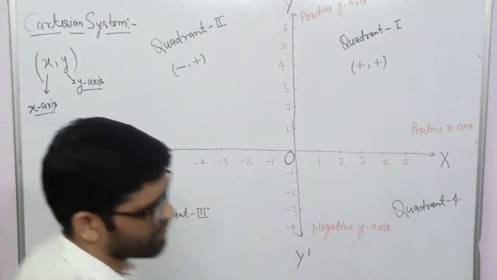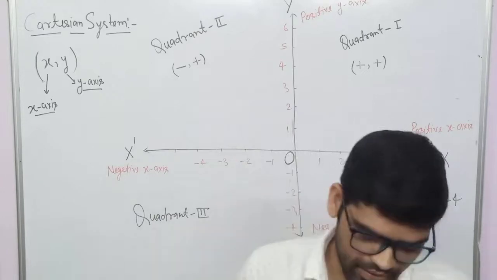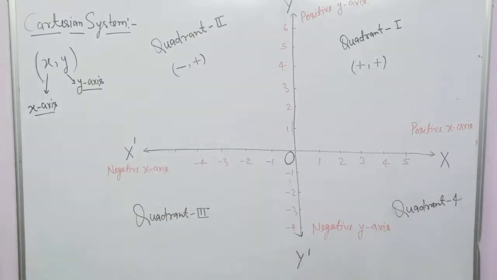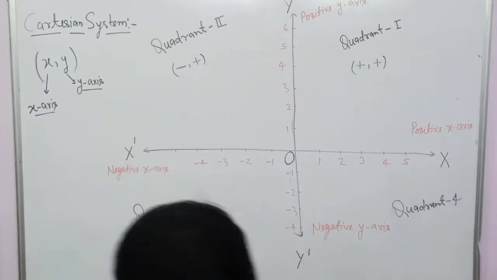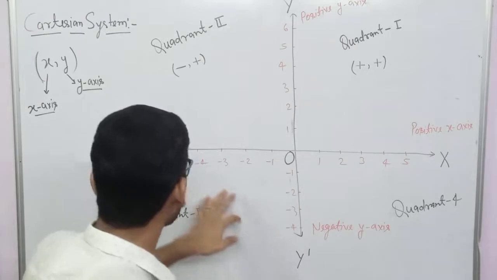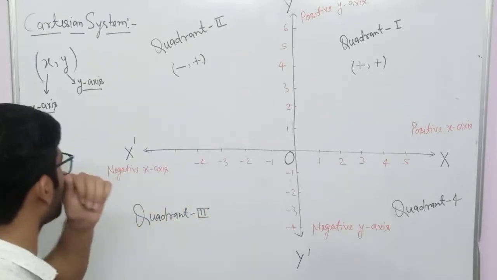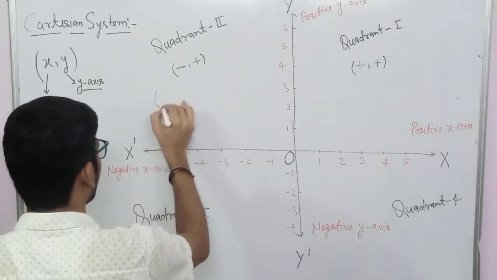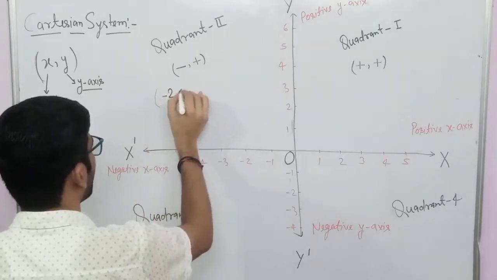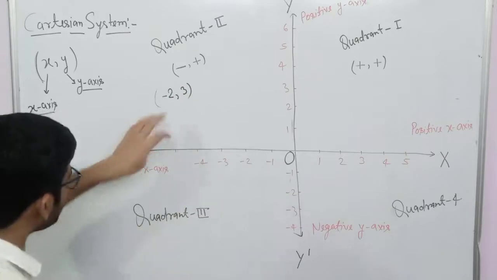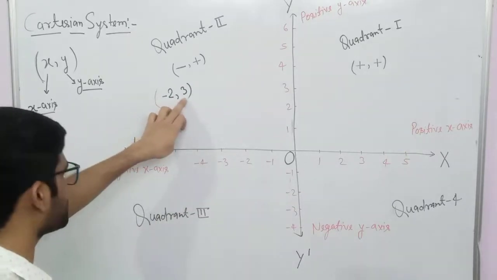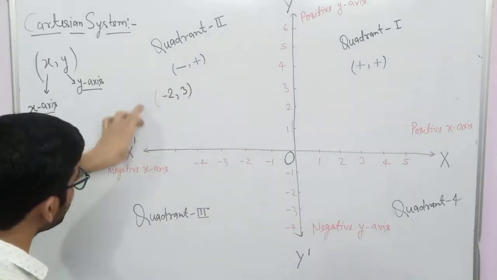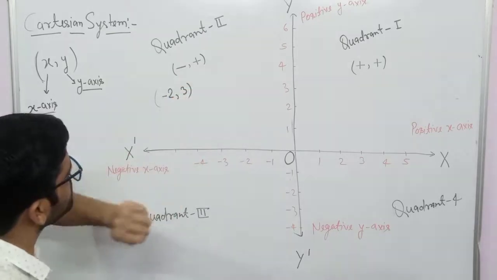If you see any point, there are two values given, x and y, so according to their signs you can decide in which quadrant the point lies. Here we can write the example -2 and 3. The first sign is negative, the second positive, so this point lies in the second quadrant.